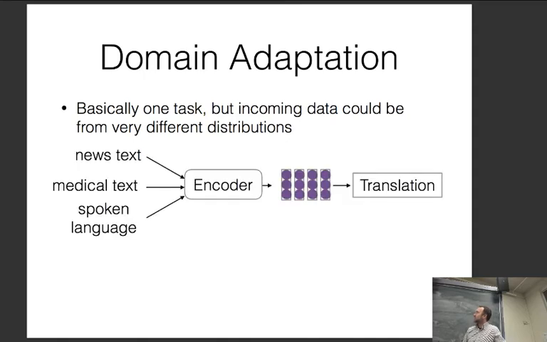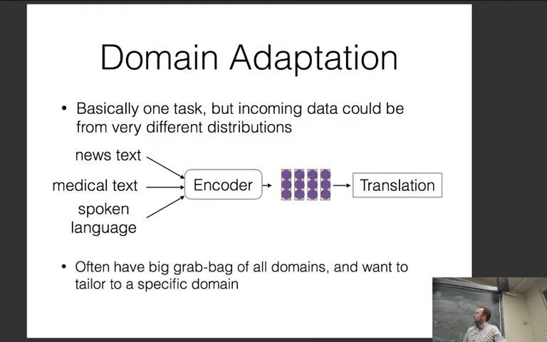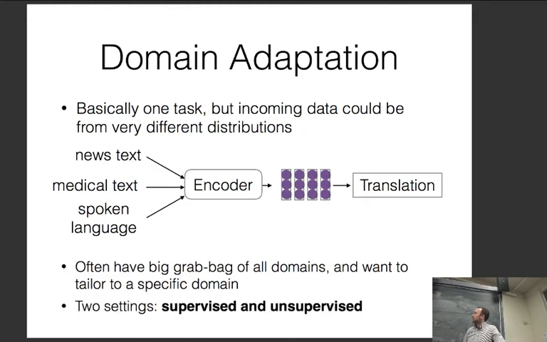So you have news text, medical text, spoken language, and then you want to translate all of them appropriately. Often we have a big grab bag of domains, but we care in particular about one of them, like medical. And there's basically two settings: one is supervised and one is unsupervised adaptation.